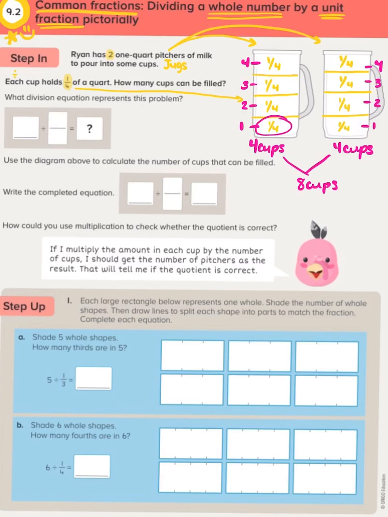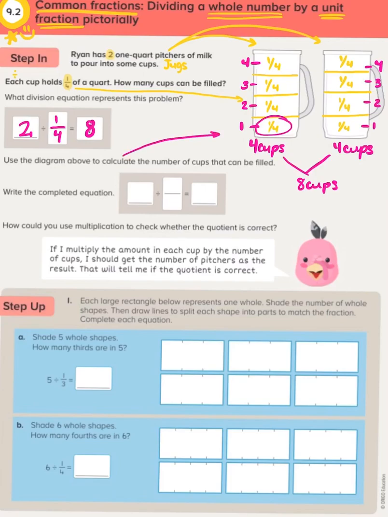So my problem was that I had 2 pitchers and I divided them into fourths. I cut them into fourths, which gave me my answer, 8. Now it says use the diagram above to calculate the number of cups. We already did that.